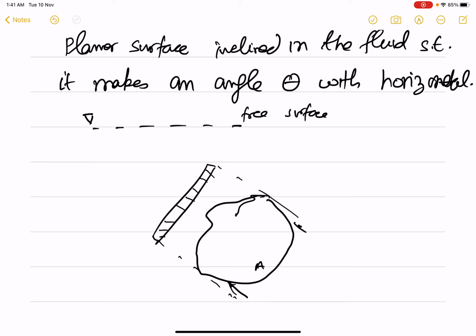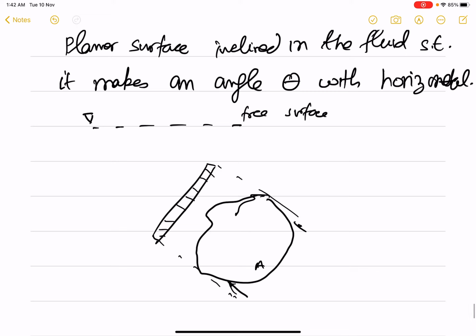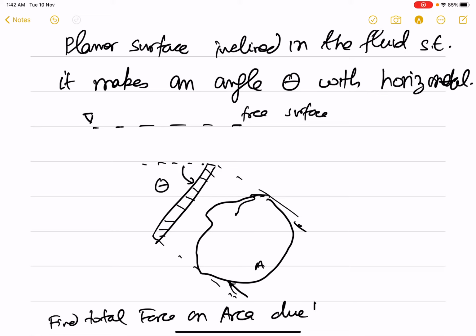If this is a disk, area A will be a circle. We are looking at a general case. This surface makes an angle theta with the horizontal. So we want to find the total force on this area due to the hydrostatic pressure which is acting.